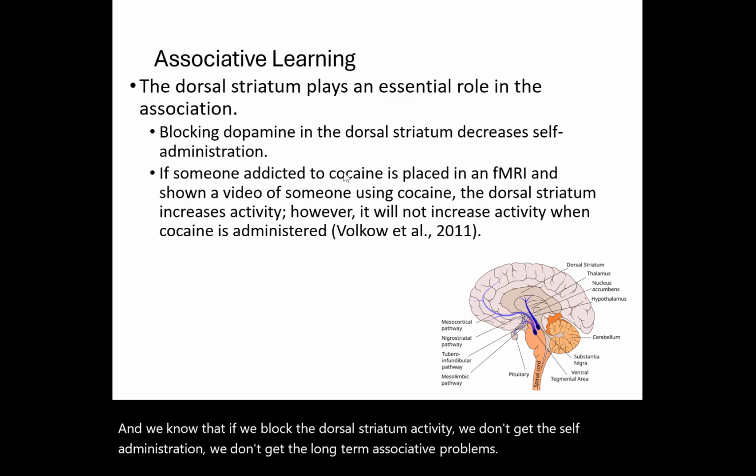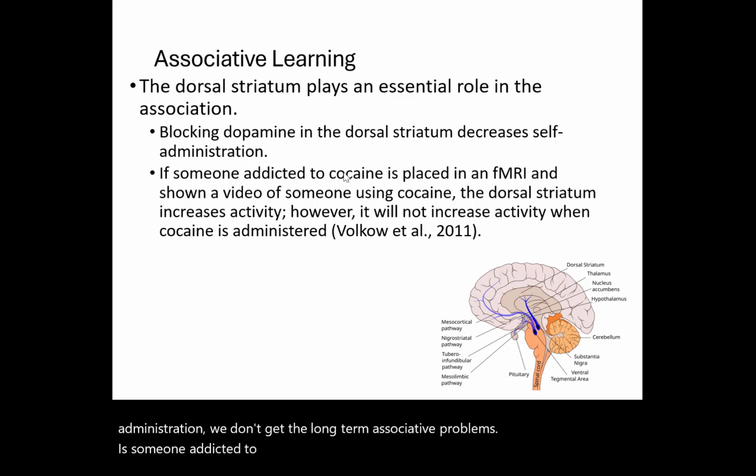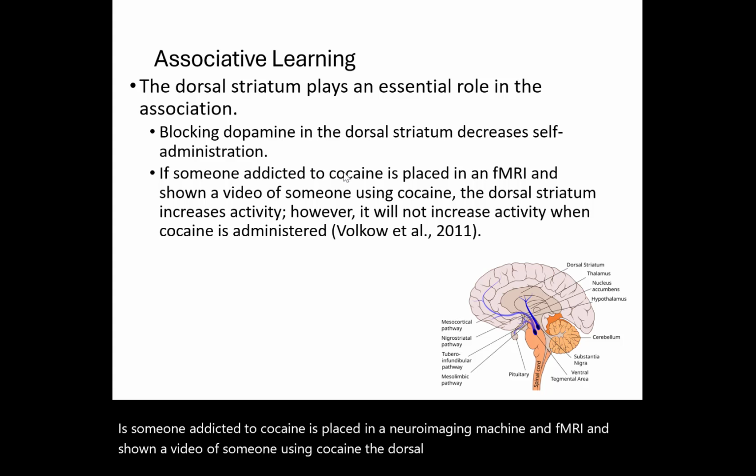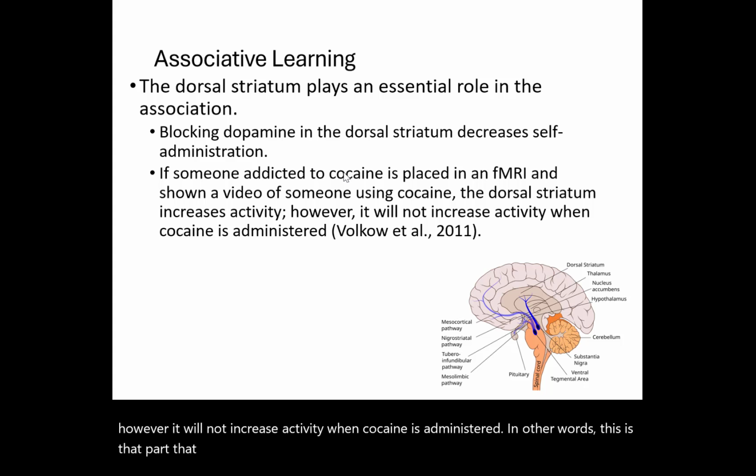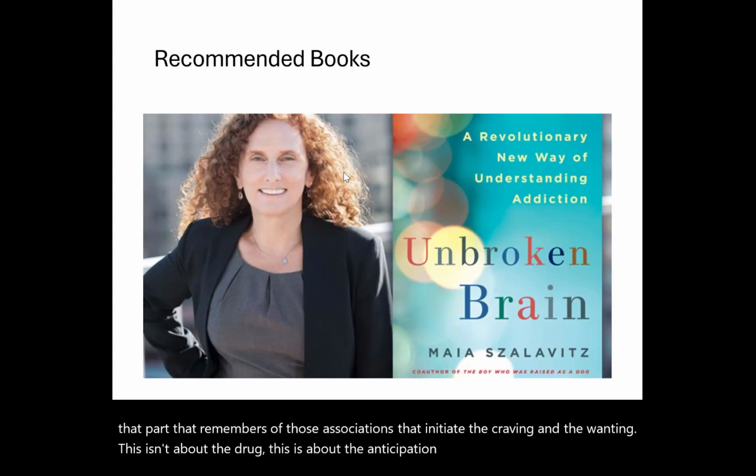If someone addicted to cocaine is placed in a neuroimaging machine, an fMRI, and shown a video of someone using cocaine, the dorsal striatum increases activity. However, it will not increase activity when cocaine is administered. In other words, this is that part that remembers those associations that initiate the craving and the wanting. This isn't about the drug. This is about the anticipation of the drug.